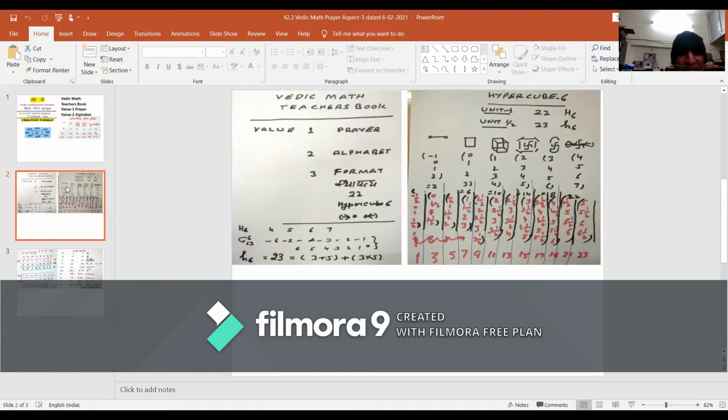We know that hypercube 6 is the representative regular body of 6 space. We also know that 4 space plays the role of dimension of 6 space. Still further, we also know that 2 space plays the role of dimension of 6 space.